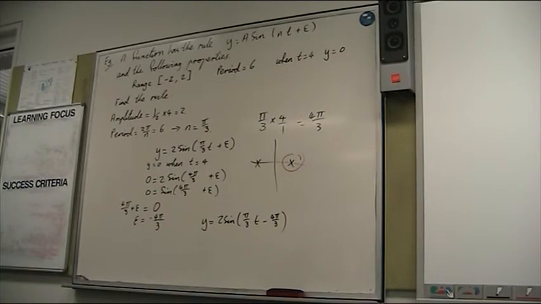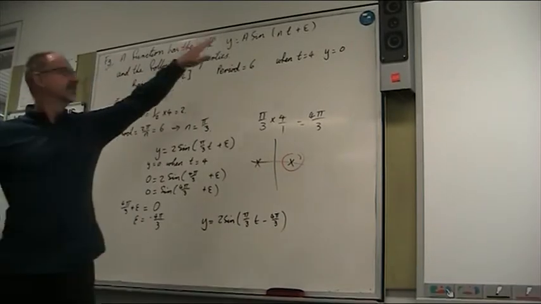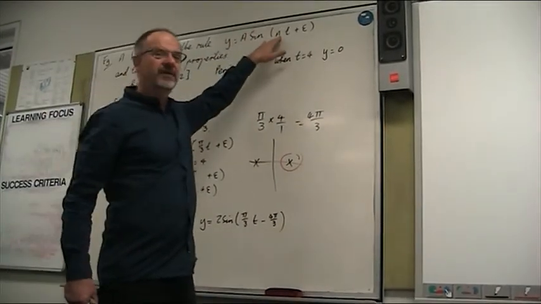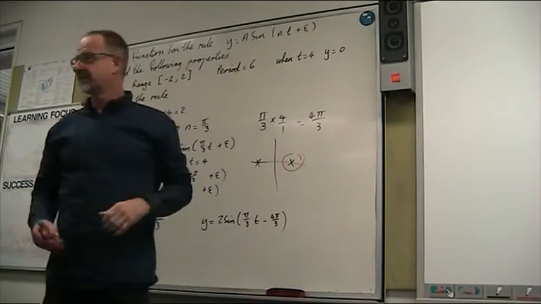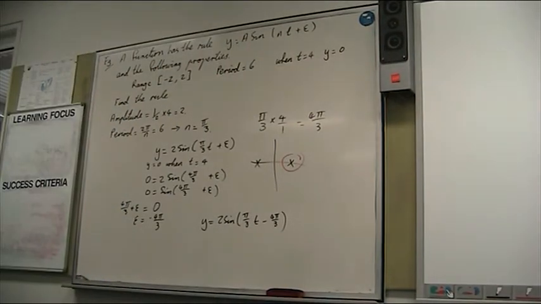So there are 3 different ways that you may be given information. Basically, we were trying to find amplitudes, periods and any translations, and once we know those, we put them into the formula. What happens to that step where it's 0 equals sine?